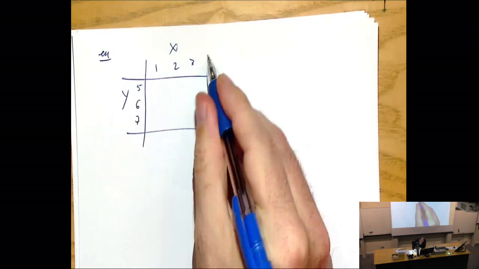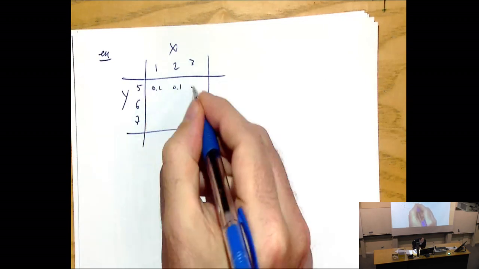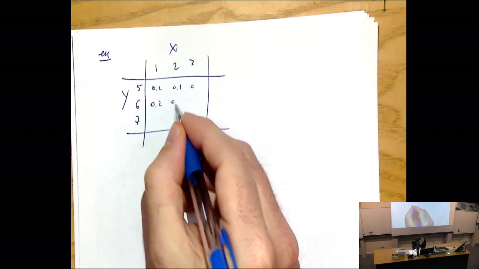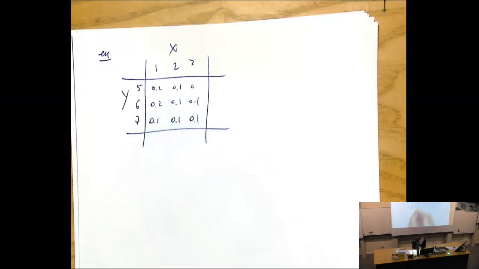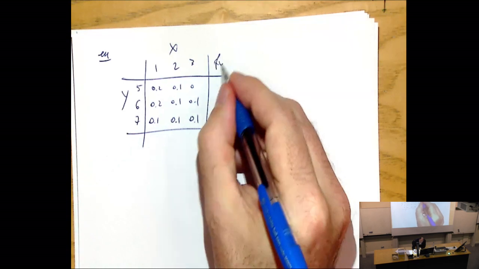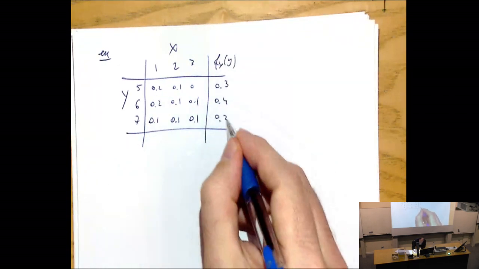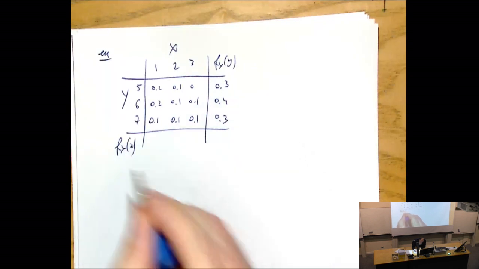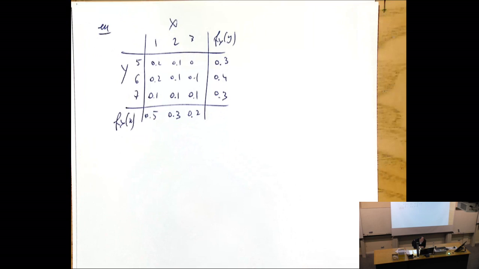And I have this joint probability mass function that is 0.2, 0.1, 0, 0.2, 0.1, 0.1, 0.1, 0.1, 0.1, 0.1, and then we can compute the marginal of y. We had 0.3, 0.4, 0.3, marginal of x, 0.5, 0.3, and 0.2.